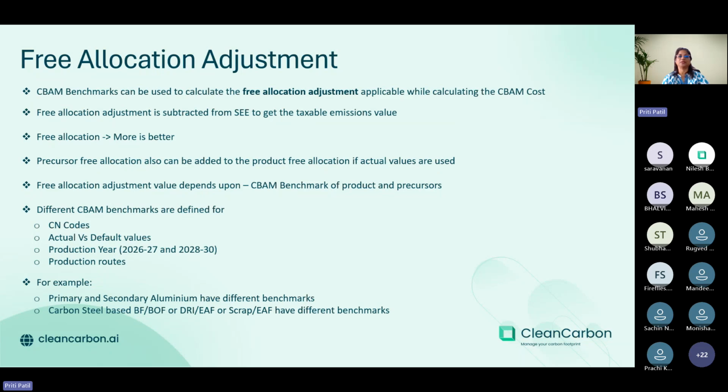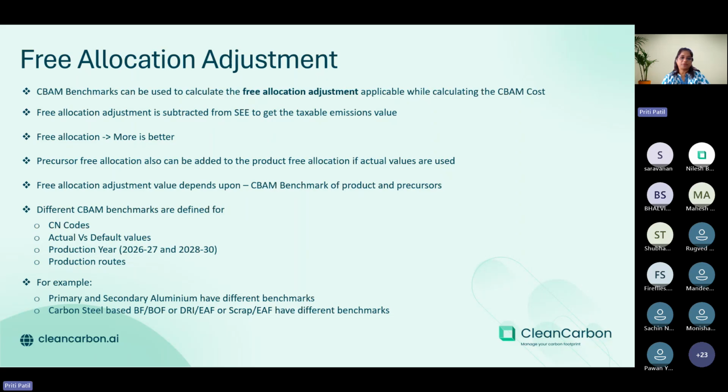The formula is defined in such a way that your product's benchmark plus whatever is embedded free allocation coming from your precursor is also added to your total free allocation. But that is only available if you have the actual values of your product and precursors. The formula for calculating with default values does not allow this.